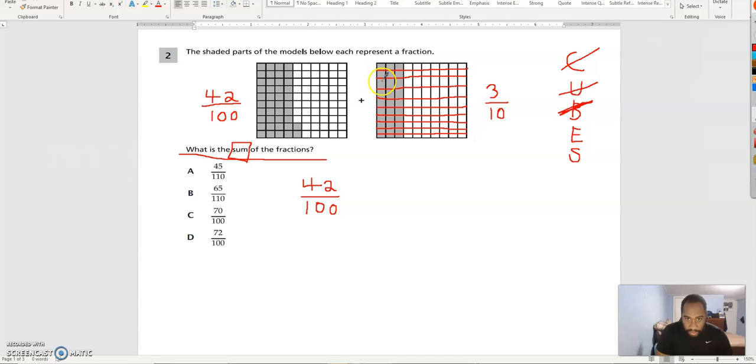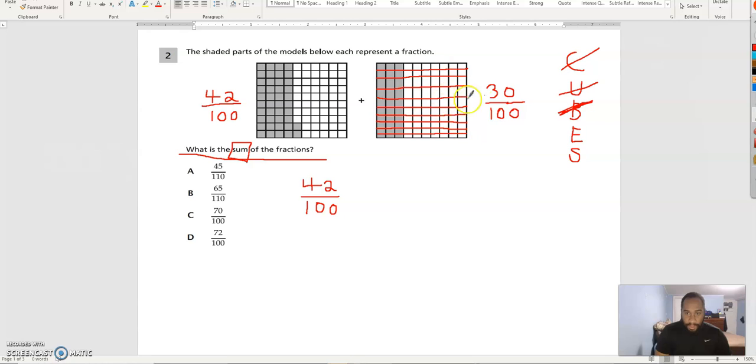So we turn this tens chart into a hundreds chart. So now we can change this into 100, and we could change this 3/10 into 30.